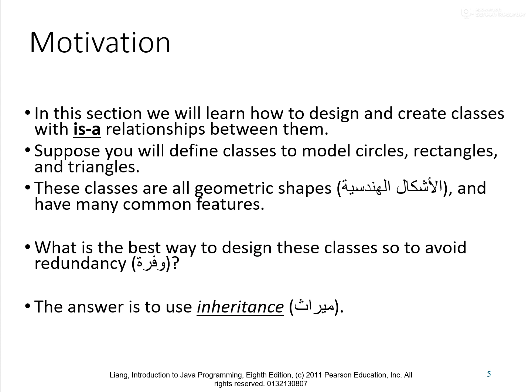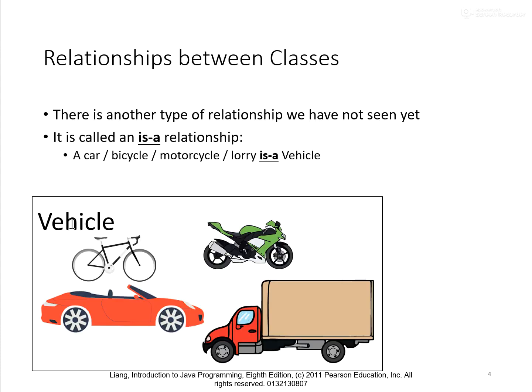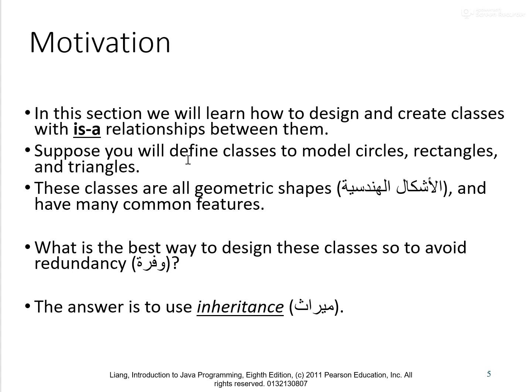The example that I'm going to show you today is actually going to use, instead of vehicles, because it's easier to understand, something a little simpler. I'm going to use this general class for geometric shapes.